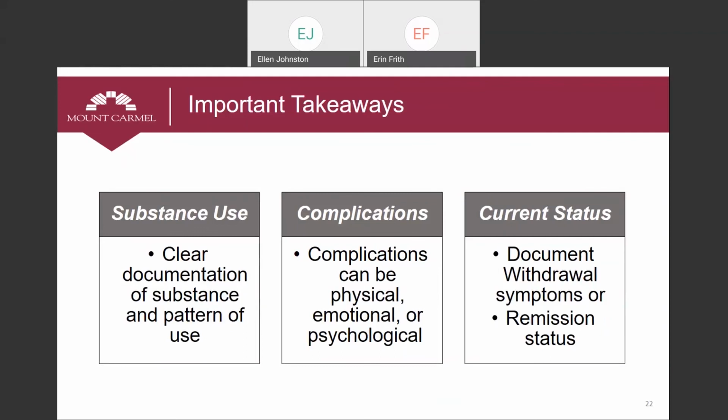Complications can include physical, such as sleep disorders or hallucinations, emotional, such as problems at work or with family, and psychological, such as anxiety disorders or other mood disorders. Lastly, document if the patient is in remission, or if they are experiencing withdrawal symptoms related to their substance use.